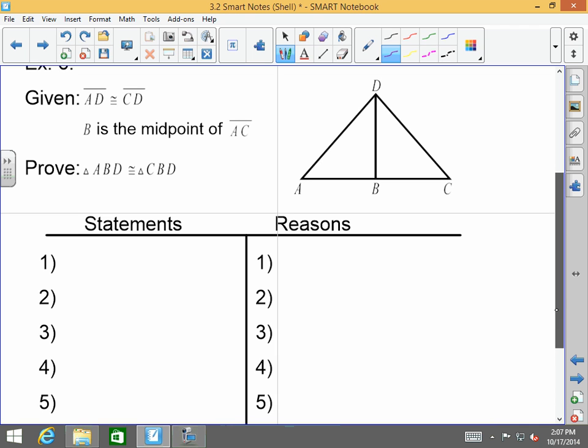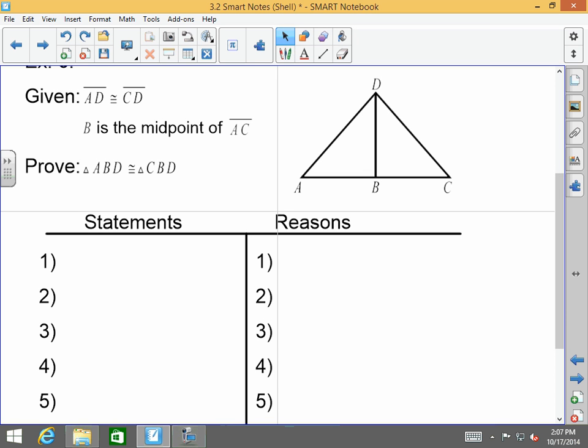Alrighty then. Let's prove this bad boy. All right. They've given us that AD is congruent to CD. So that would be my first statement, and my first reason is, of course, given. Now, B is the midpoint of AC.